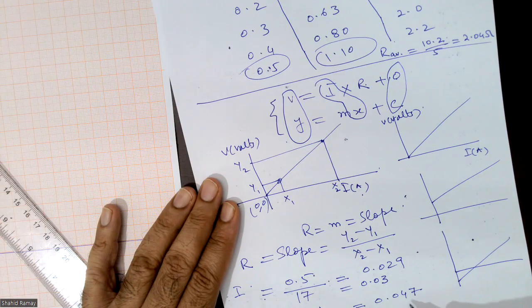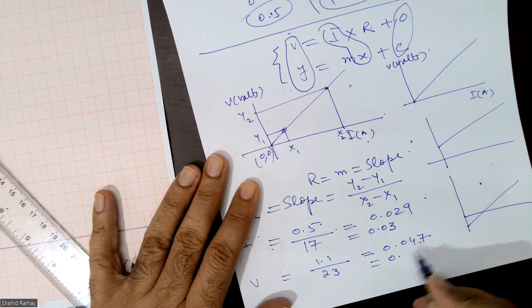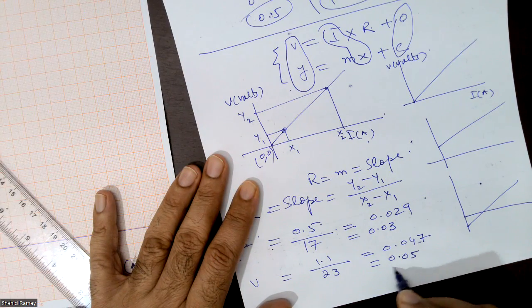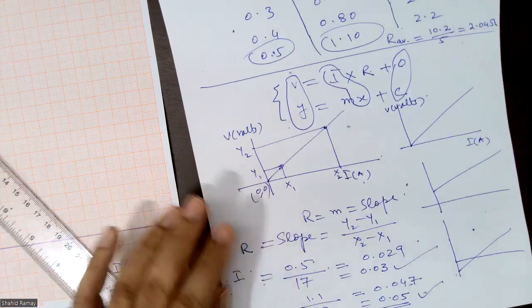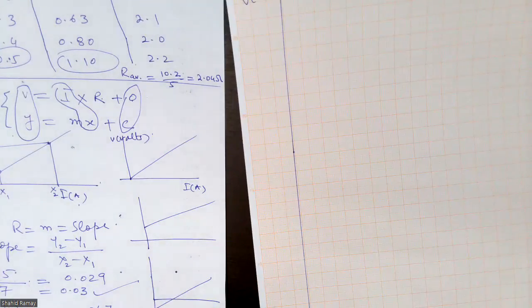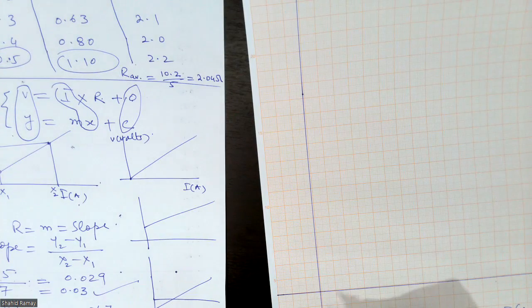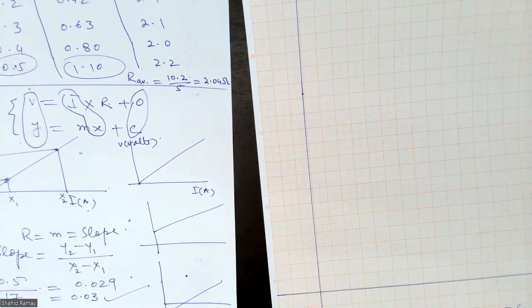So you can see that 0.047 is close to 0.05, more than this value, 0.05. So one is here and one is here. Now our scale is adjusted. It means each square is 0.03 on this side and 0.05 on this side.